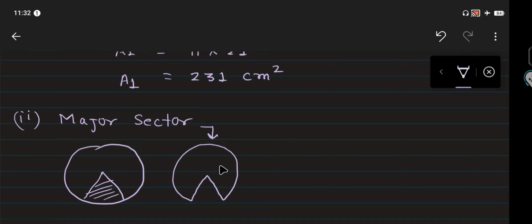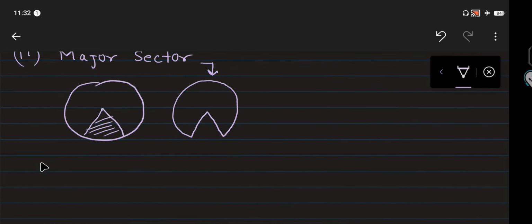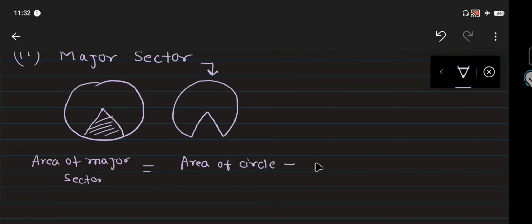So if you subtract this minor sector from the whole area of the circle, then the remaining area is our major sector. So we can write that area of major sector will be equal to area of circle minus area of minor sector.